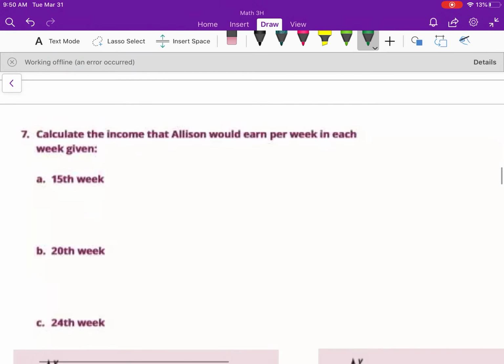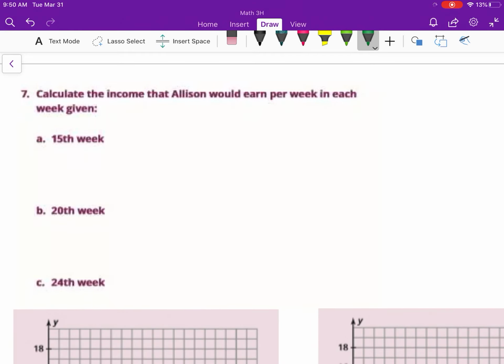Now the next part, I asked if we could calculate the income that Allison would earn per week in each week given, for the 15th week.